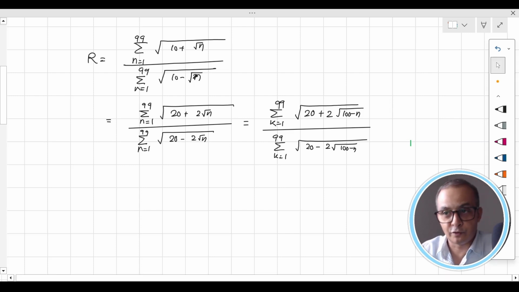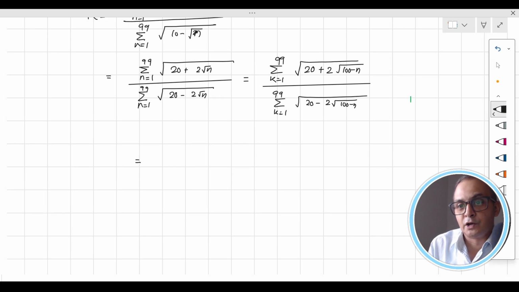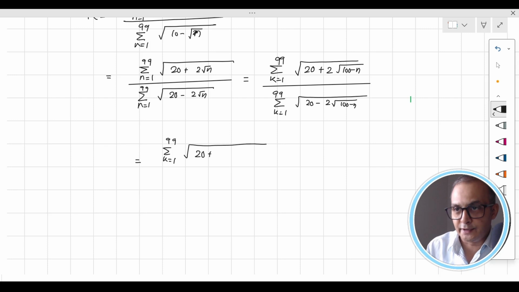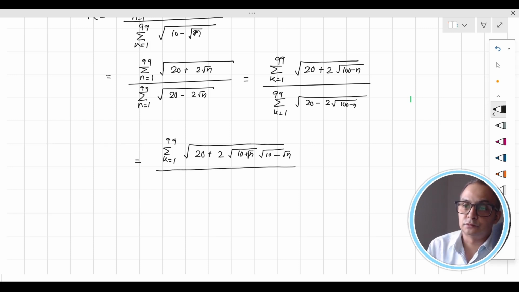And what is the benefit we got now? Notice the numerator here, k goes from 1 to 99 as it is. But this 100 minus n, I can write as the square root of 10 plus root n into the square root of 10 minus root n, because when you multiply these two square roots, you get 100 minus n again.